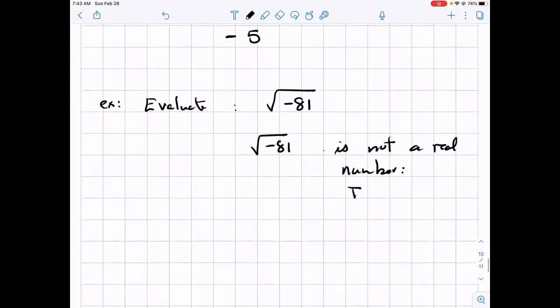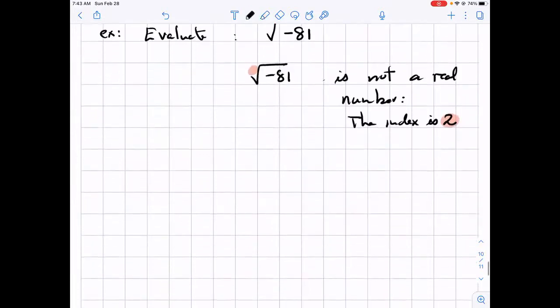Why? The index is 2, meaning over here there's an invisible 2. So what we do, we rewrite it as the real part times the imaginary part.